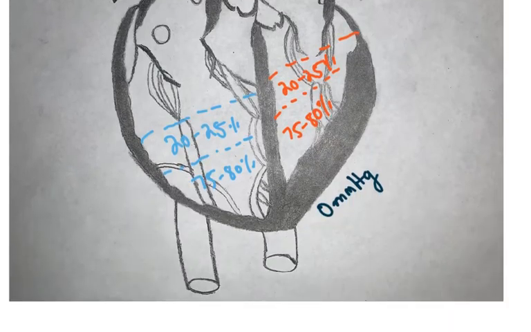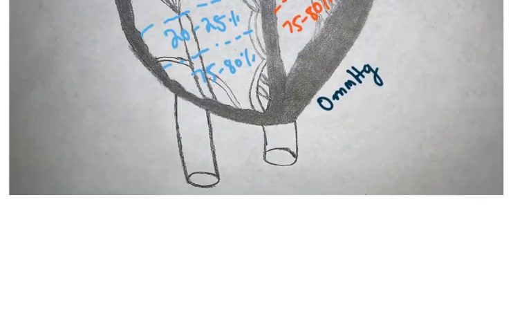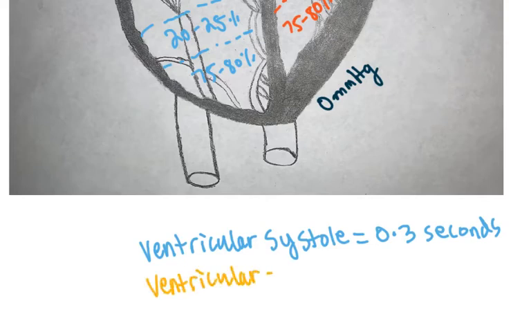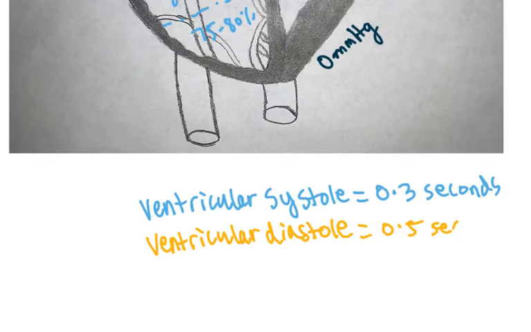One thing we should know, actually this is a good reminder, is that ventricular systole, when the ventricles contract, takes around 0.3 seconds. And for ventricular diastole, when the ventricles are relaxing and filling with blood, it takes around 0.5 seconds.